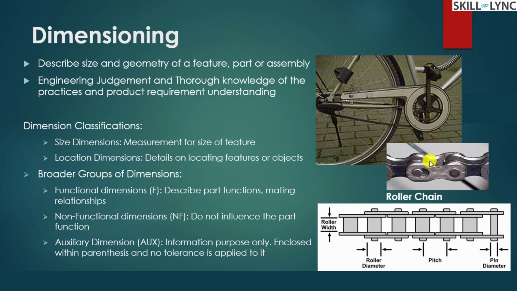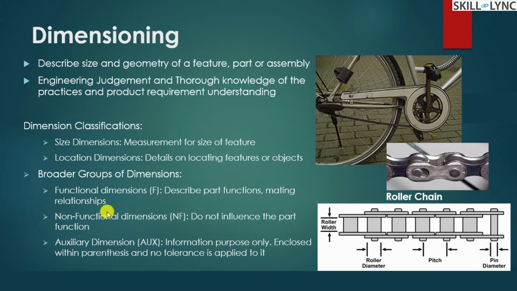Suppose this is your fundamental part and you need to manufacture it in bulk for different applications. In that case, you can also specify an auxiliary dimension for a given application, stating that the number of the roller chain components or the sub-assemblies is, say, 50 numbers for one application, whereas 100 numbers in a different application.